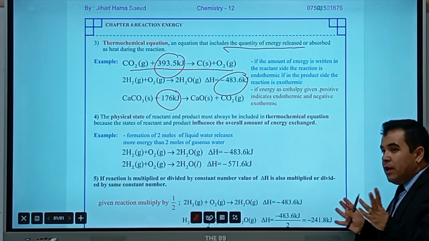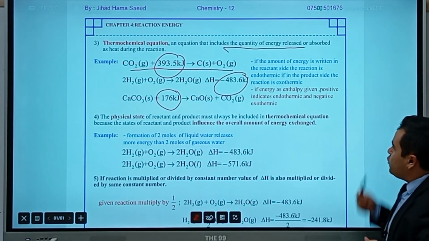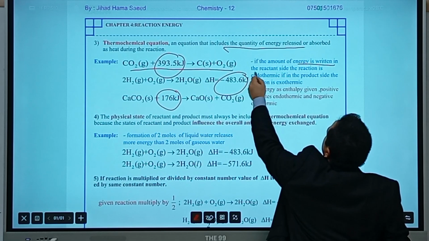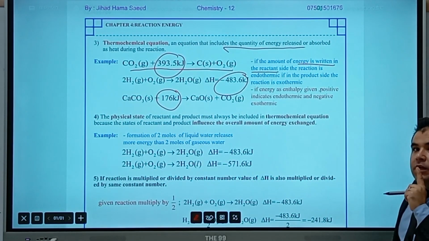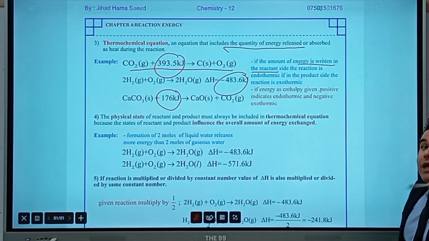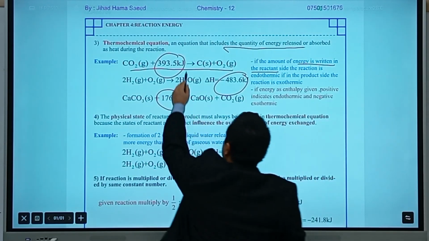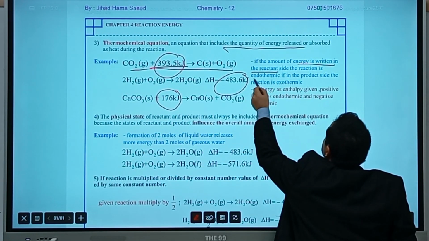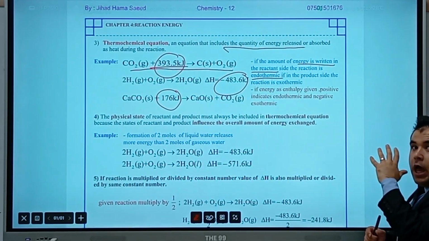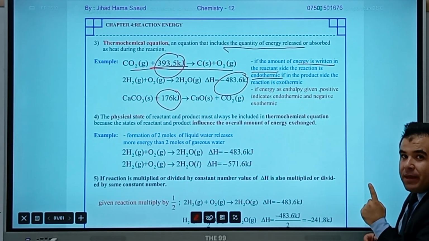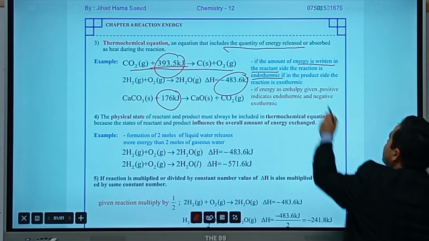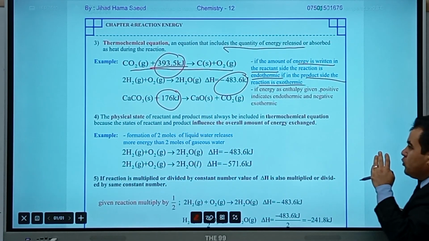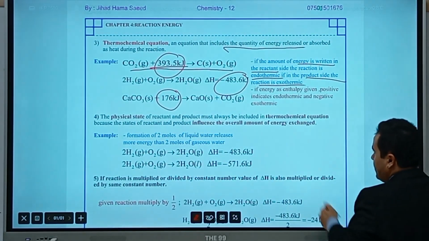How do we know whether it's endo or exo? We have two notes. If the amount of energy is written on the reactant side, like here, the first one, the reaction is endothermic. So, energy in reactant, endothermic. But energy in product means the reaction is exothermic.